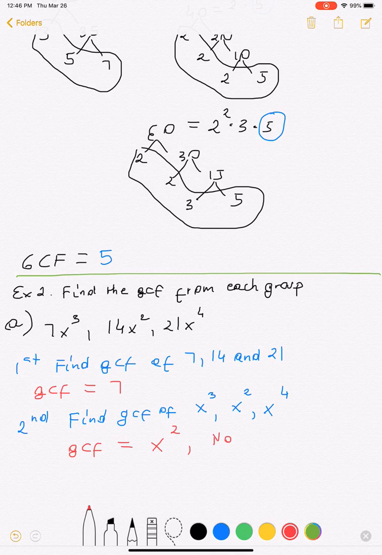Again, note, pick the repeated variable with the smallest exponent.